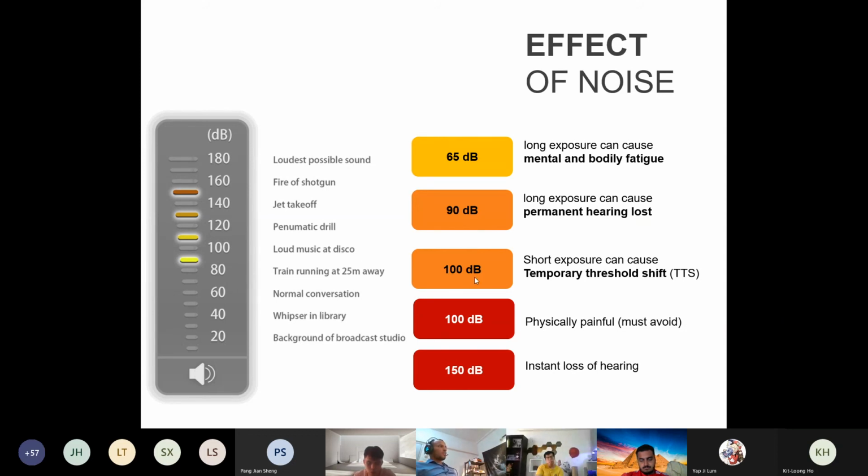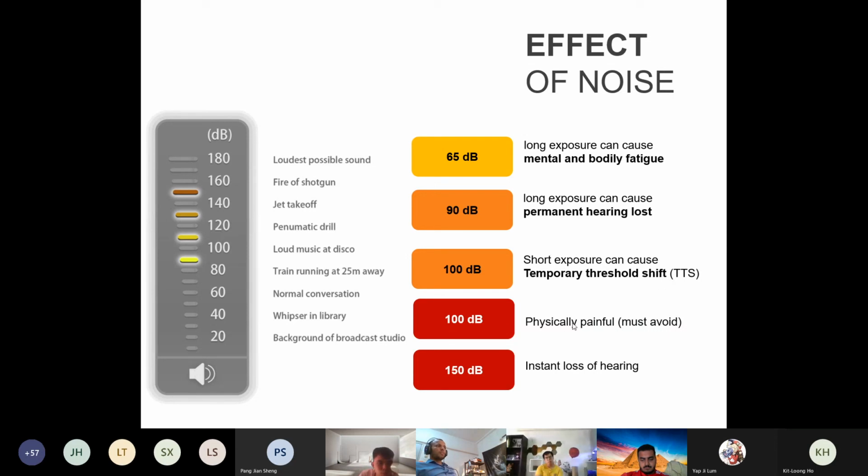As you can see, 100 decibels, like loud music at a disco, can be really harmful. Even a short exposure can cause a temporary threshold shift. We'll talk about what we mean by threshold shift in the next slide.